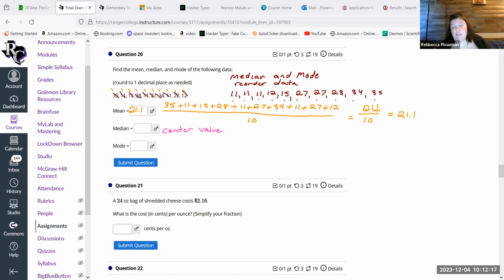That's why we reorder it, because we want the data in the center. So if I count down to it, just taking off one number at each end until I end up in the exact center, we end up with 2 numbers in the center.